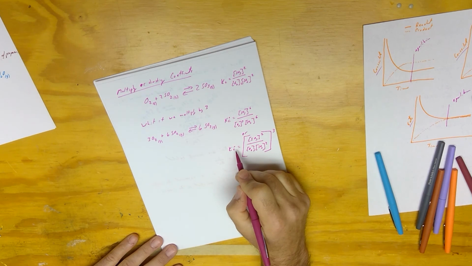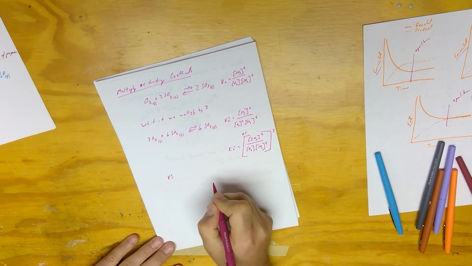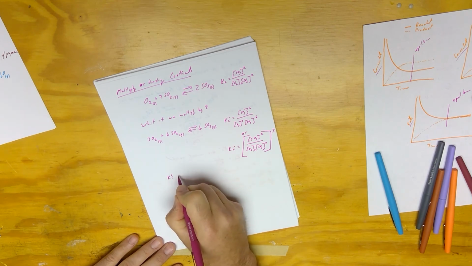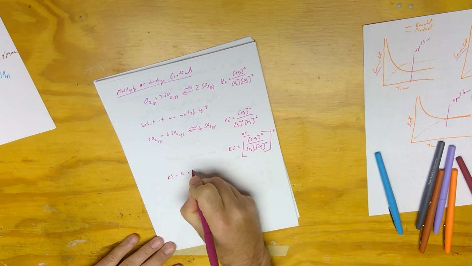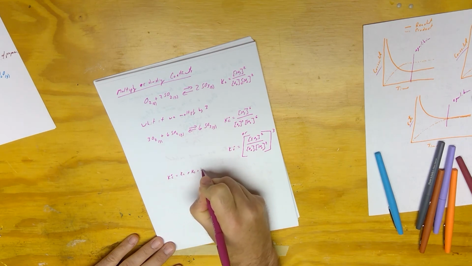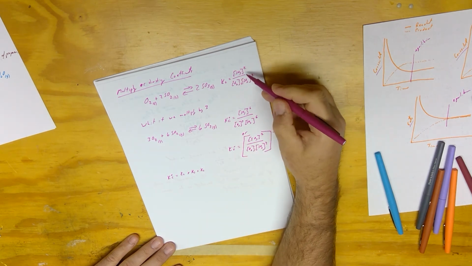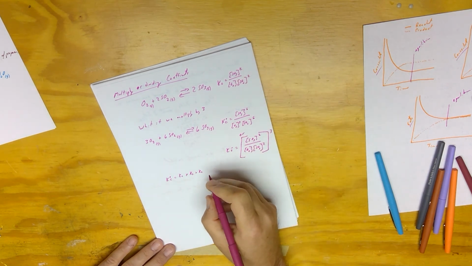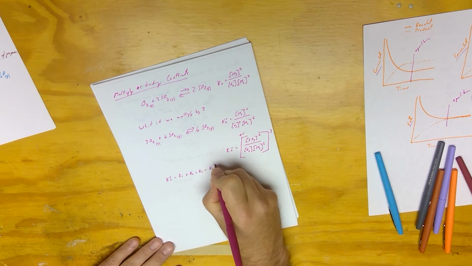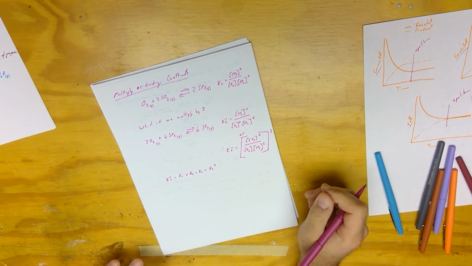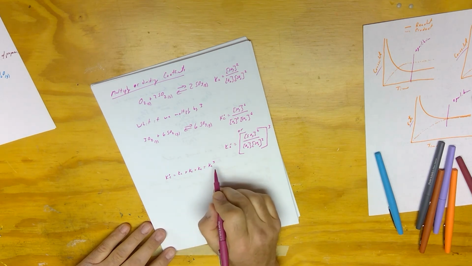So what this is really saying is that K double prime C is going to equal Kc times Kc times Kc. Okay, we're cubing this, which is going to equal Kc cubed. In the long run, it's going to make things shorter for us.